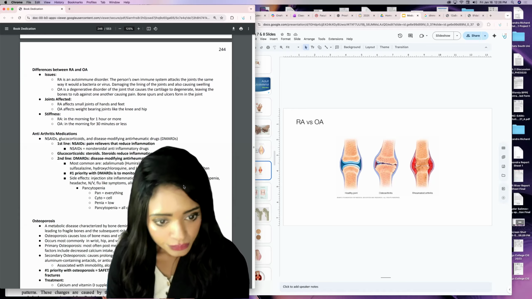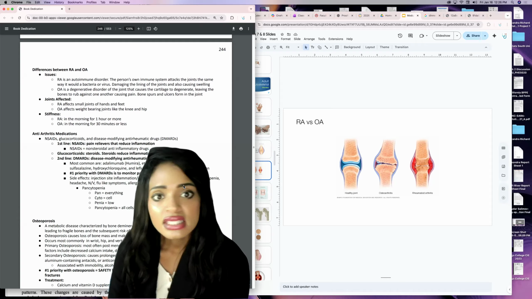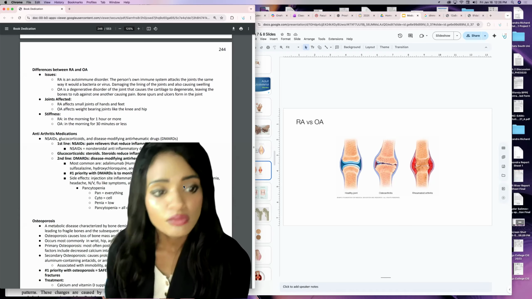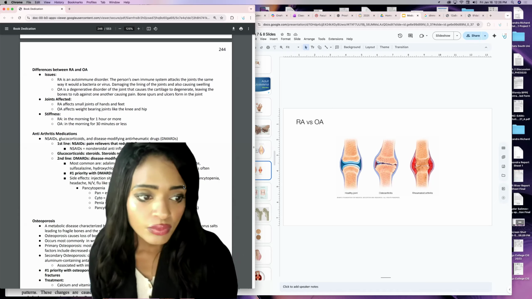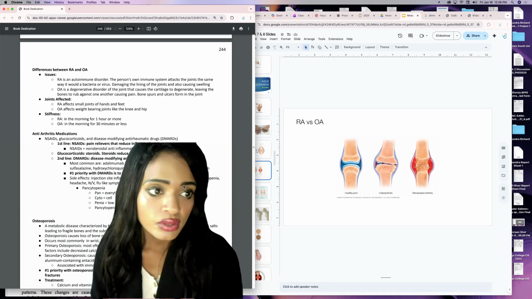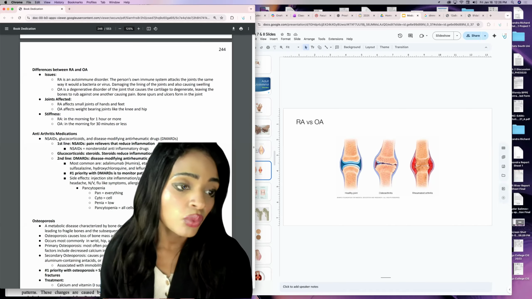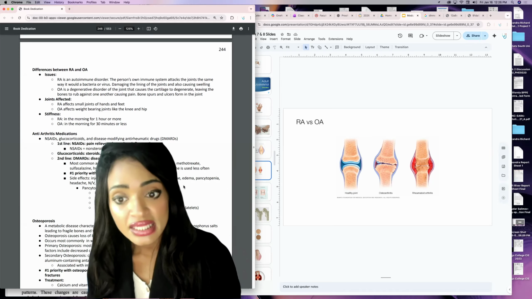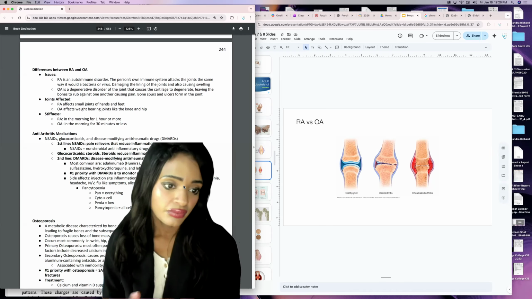Okay? This is all in the study guide for you. You just got to review it and be comfortable with it. But what I would focus on for RA versus OA is knowing which joints they affect and how long the stiffness lasts. That's what's going to tell you the difference.